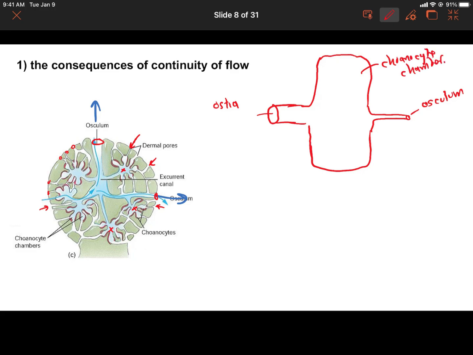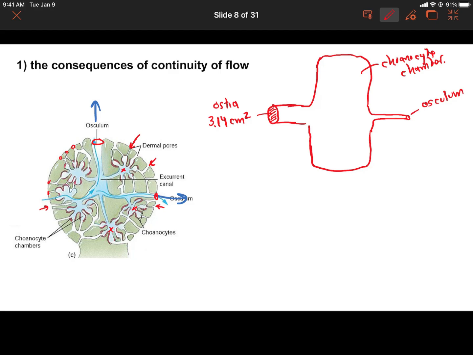Okay, so this is just like a cartoon of what this water flow system might look like, but people have made measurements of the cross-sectional areas of these for given individual sponges, actually usually small chunks of sponges, because this is very painful work to do, and one of those estimates is here. So the ostial cross-section, so we're talking about this area right here, was 3.14 centimeters squared for this one particular sponge.